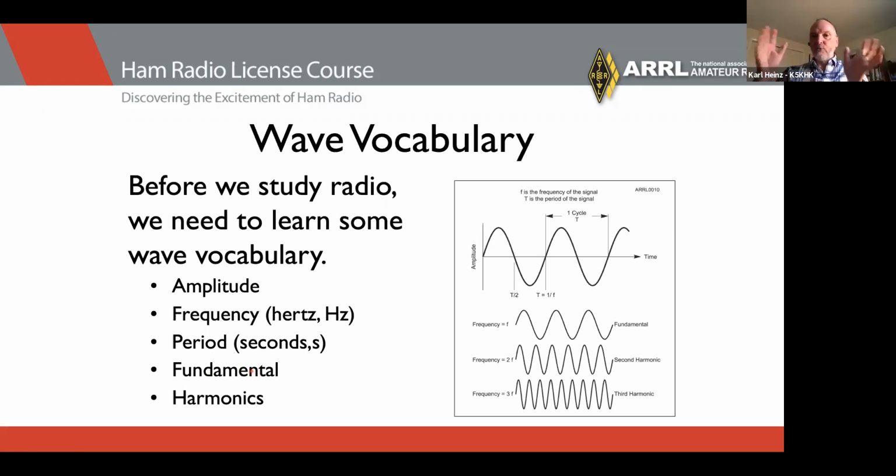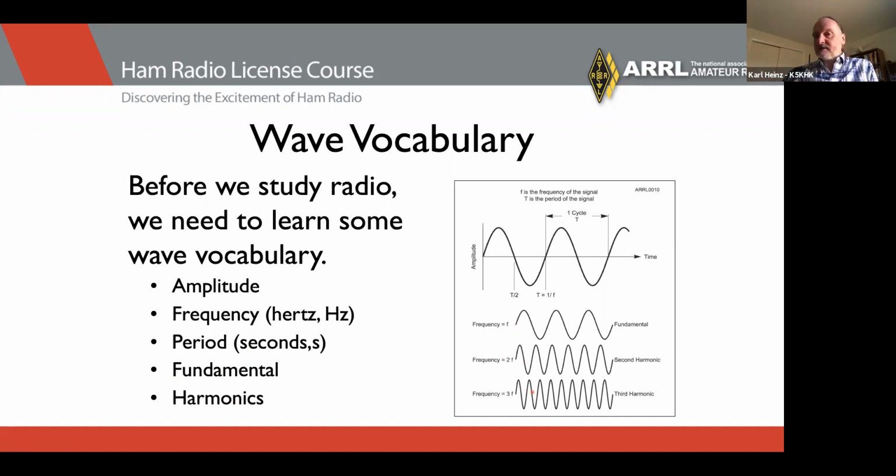Let's say 7.150 megahertz, which is 7,150,000 hertz. That's where you want to transmit on, but there's a pretty good chance you will also have twice of that frequency in your output, and 3 times and 4 times that frequency, just with smaller and smaller amounts, and we call these the harmonics. So multiples of the fundamental are the second harmonic, the third harmonic, and so on.